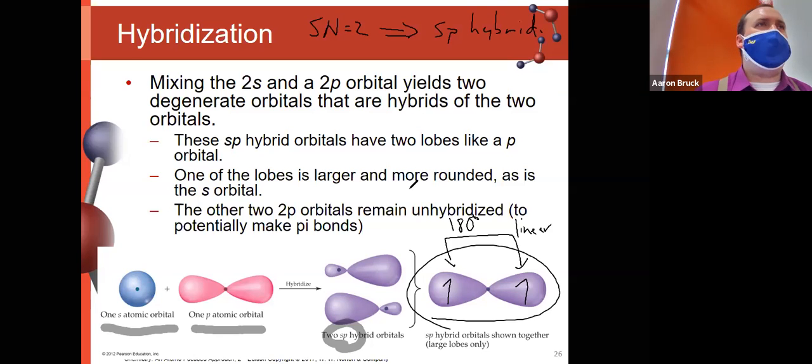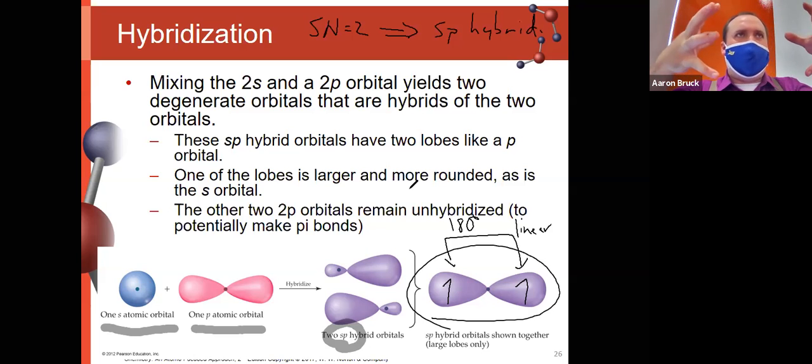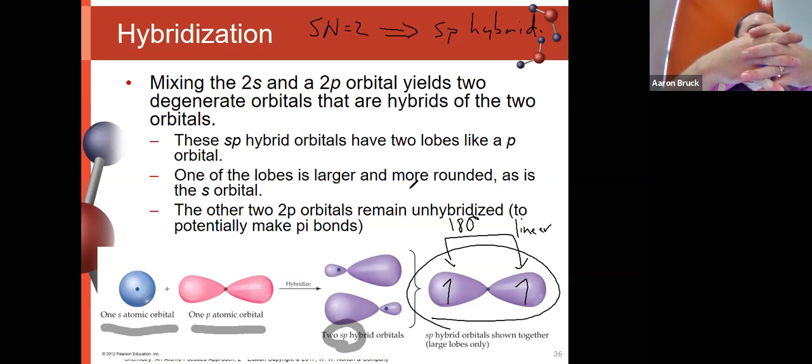How does it come up to that linear shape? It comes by it through sp hybridization. So all of the pieces fit together. We're not talking about separate theories here. Again, reiterating, VSEPR theory tells us what the steric numbers are, what the shapes are, and gives us the bond angles.